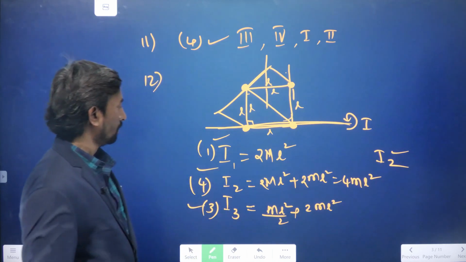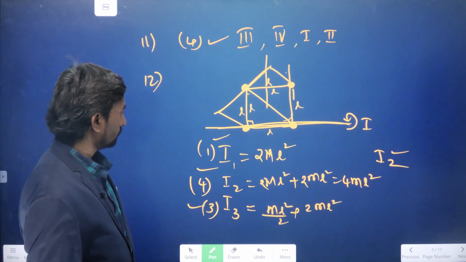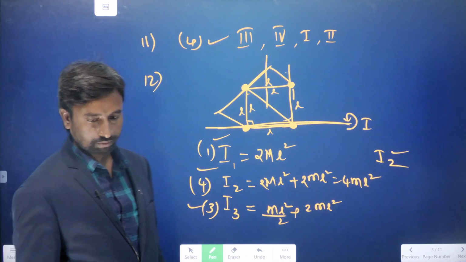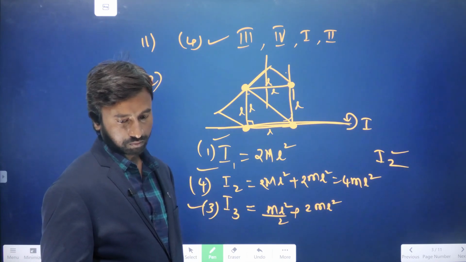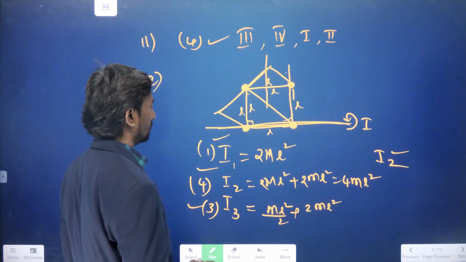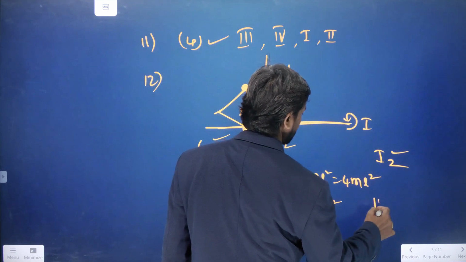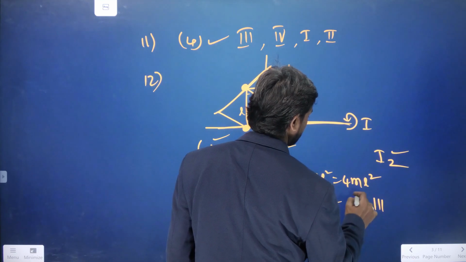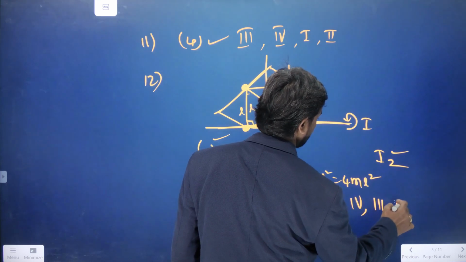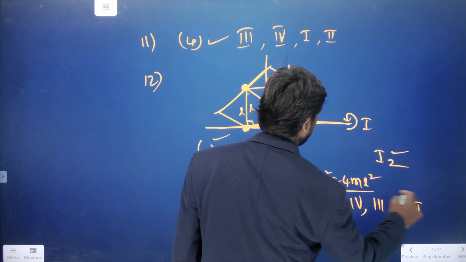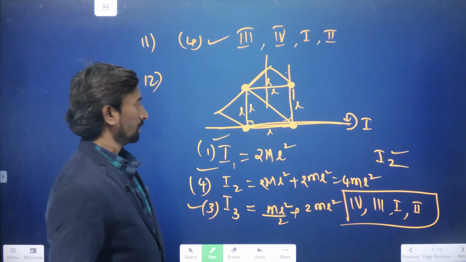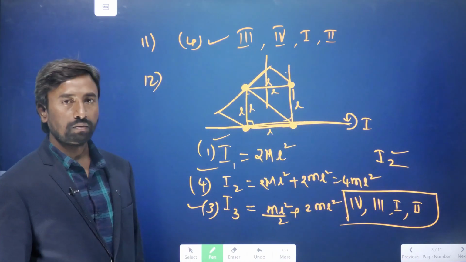So 4 3 1 2 will come there. So the first option will come. 4 3 1 2 will be the answer. Okay, that is the answer. In that manner we can find it out.